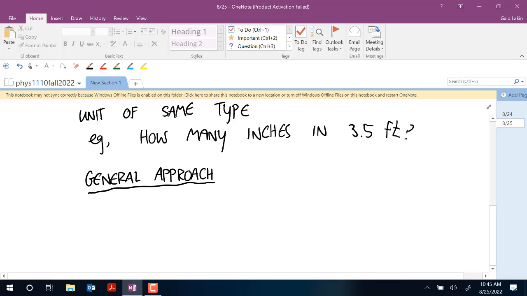Any two units of the same type, there's always a conversion between them.